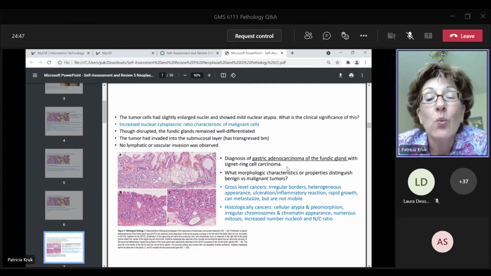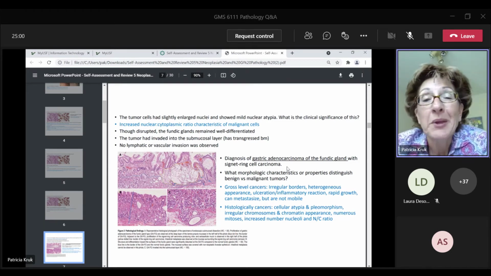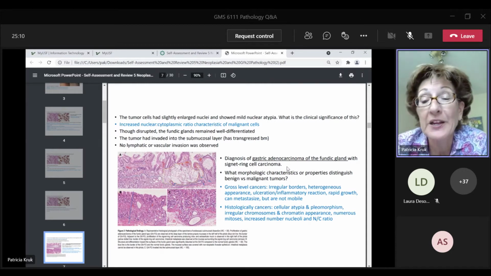Right? So what are the major properties? When you think of a benign versus a malignant tumor, benign are just going to be the slow-growing innocuous tumors. They're well circumscribed. They may not cause the patient any problem. We are concerned when they are malignant tumors, on the other hand, because they can spread, they destroy tissue, and they can kill your patient.